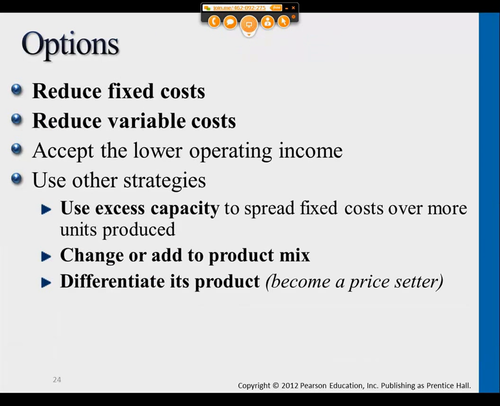Done? Okay, so we have some options. We can reduce our fixed costs, we can reduce our variable costs, great. Makes sense, right, to reduce some costs. We can also accept a lower operating income.